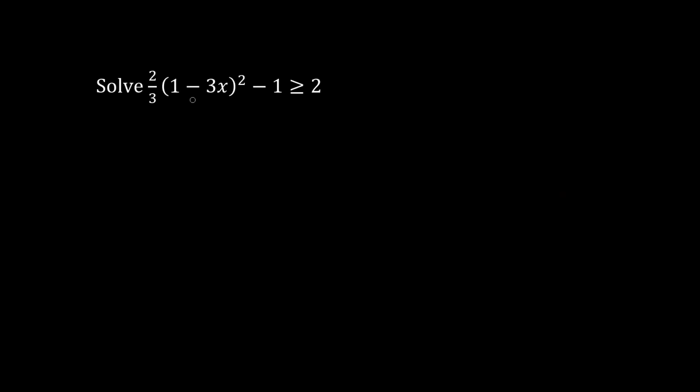Let's solve this quadratic inequality. We'll throw negative 1 over, and we have 2/3 (1 minus 3x) squared is greater than or equal to 2 plus 1 is 3. Now we could multiply both sides by 3 to get rid of this denominator. But why don't we just try multiplying both sides by the reciprocal of the coefficient? So we'll multiply both sides by 3 over 2.